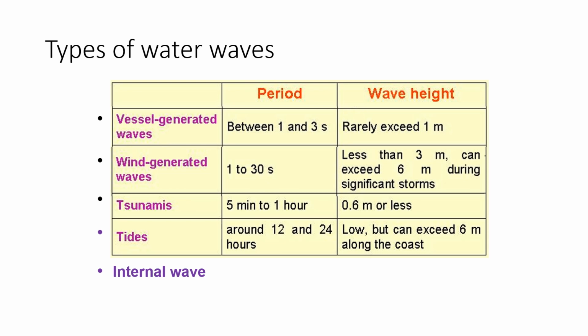Now we also have internal wave, meaning wave between the saline seawater and the freshwater discharge from the river. But this is not our main focus here for the purpose of this lecture.